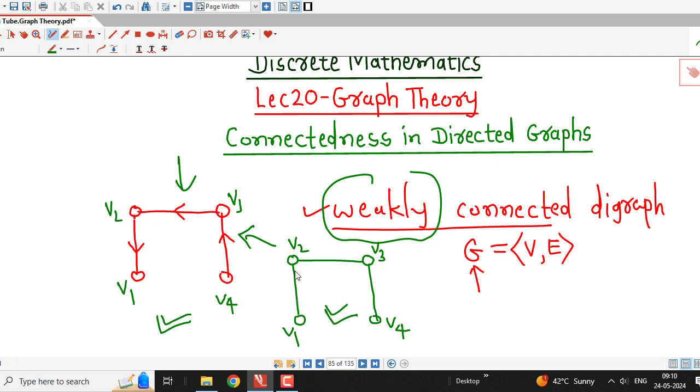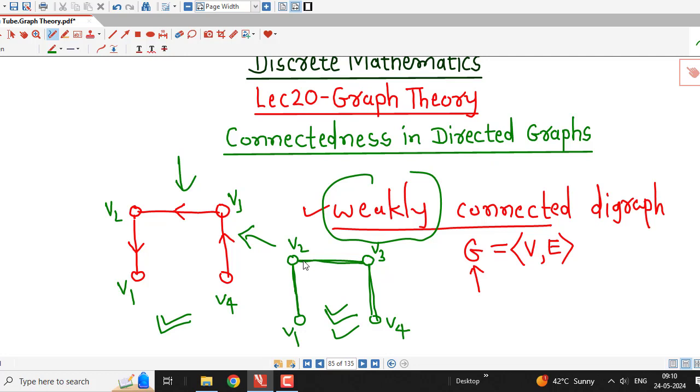Now here it is easy to check whether this is connected or not. We can see that there is a path between V1 and V2. Similarly, there is a path between V1 and V3 as well as between V1 and V4.